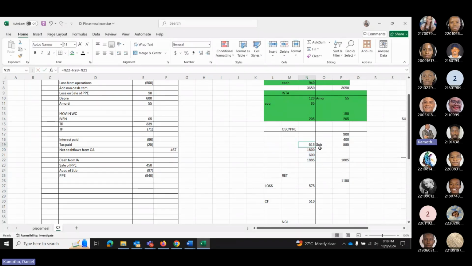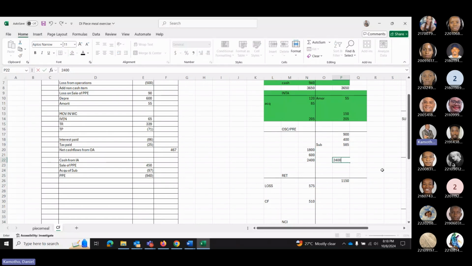That is not correct. So this figure is higher this side, and therefore we credit the account. So it is more cash coming in, and the balance will be an inflow of cash.